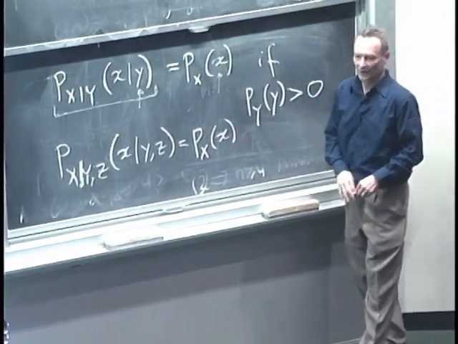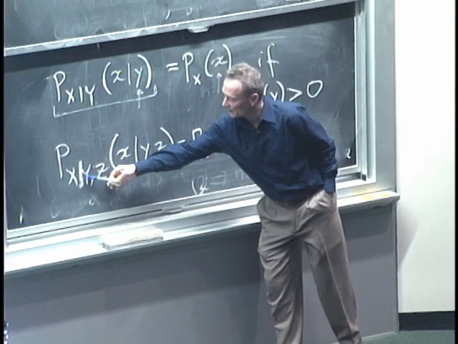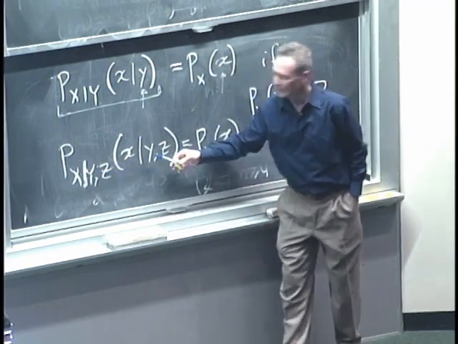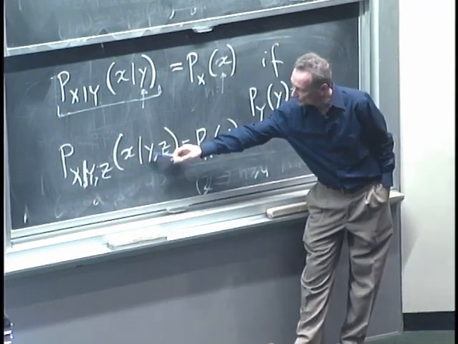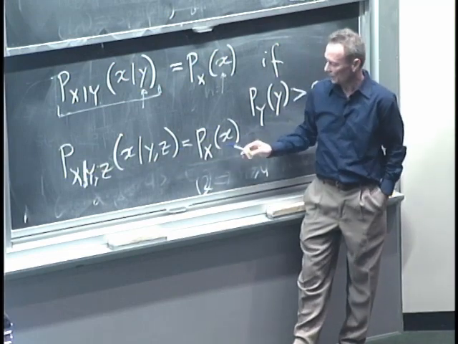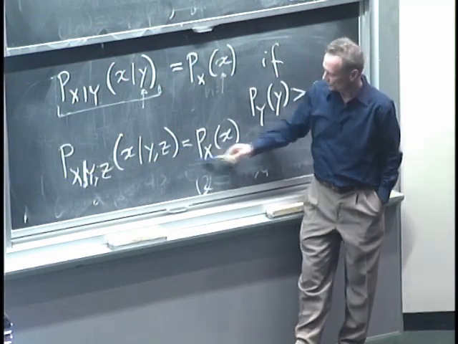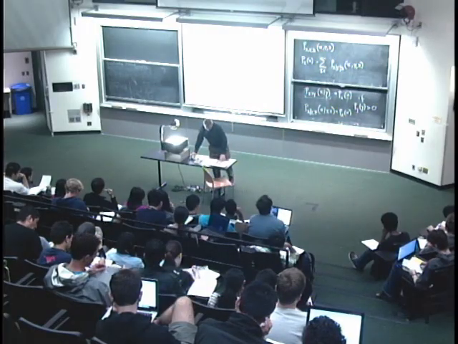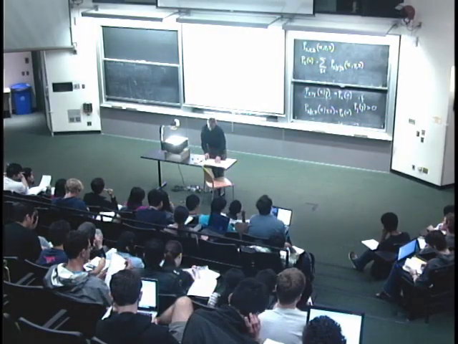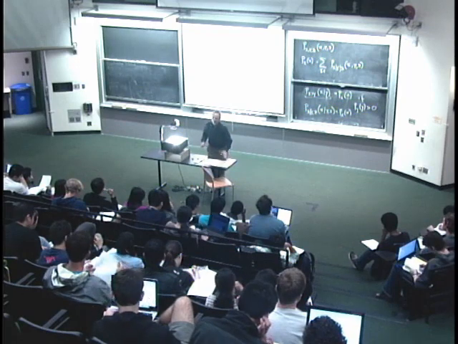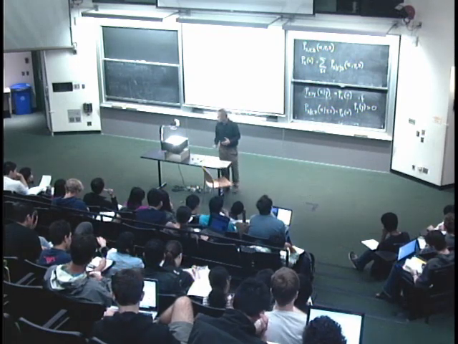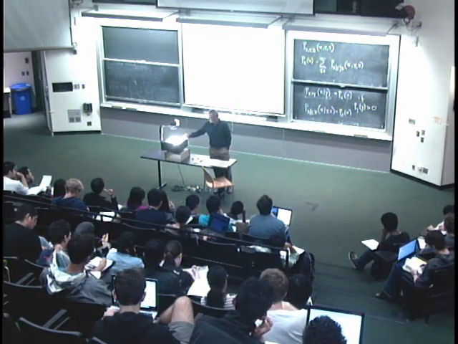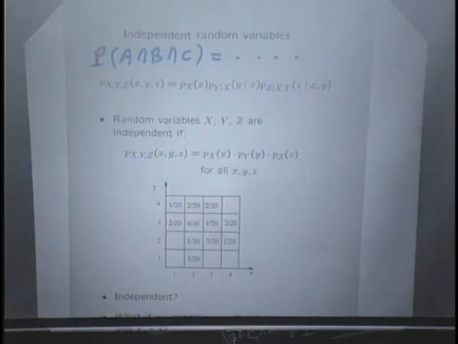Again, that if I tell you the realized values of random variables y and z, this is not going to change your beliefs about how likely x is to occur. Whatever you believed in the beginning, you're going to believe the same thing afterwards. So it's important to keep that intuition in mind, because sometimes this way you can tell whether random variables are independent without having to do calculations and to check this formula.